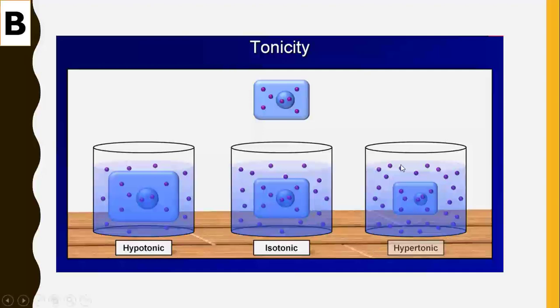And to apply simply the idea of tonicity, suppose that this is a cell and this cell has a certain osmolarity. I put this cell in a solution with the same osmolarity, so I will name it isotonic. So the cell will not change. Why? Because the cell membrane doesn't permit passage of water except if there is an osmolarity gradient or tonicity gradient. So the cell will not change in isotonic solution.